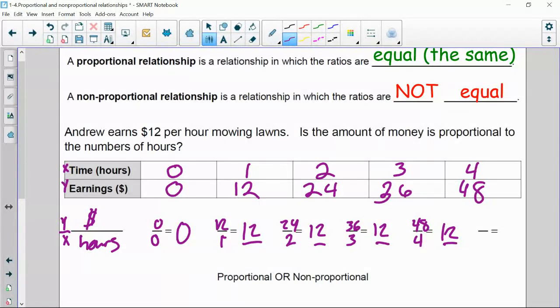But there's something important about having your 0, 0, and you'll find out about that when we get to our graphing. So would we say this is proportional or non-proportional? This is proportional, because they all increase at the same rate.